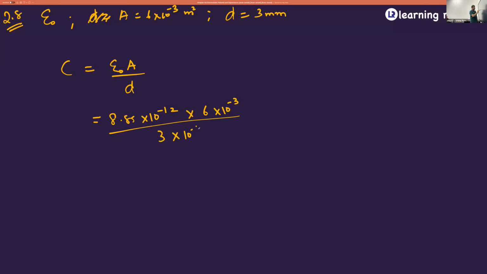So what will the answer be? 17 point something? 17.7. So 17.7 into 10 power minus 12 farad. So it is going to be 17.7 picofarad. Right? Yes. Next.